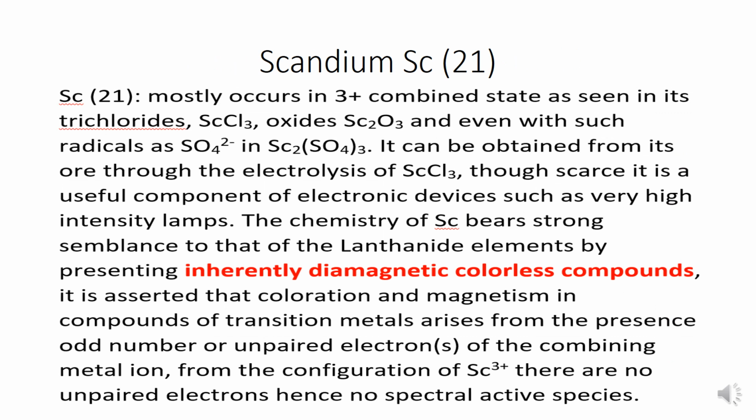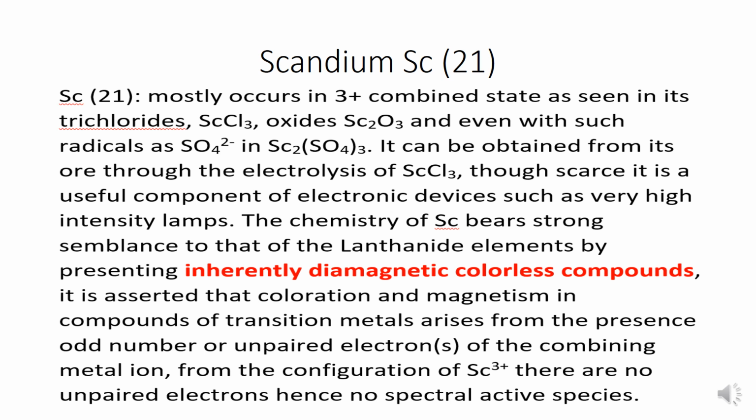We see scandium occur mostly in its +3 oxidation state, as we have stated already, when it combines with chloride, oxygen, and such radicals as sulfate. It can be obtained from its ore through the electrolysis of scandium trichloride.